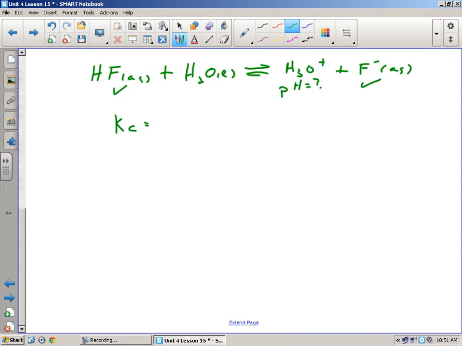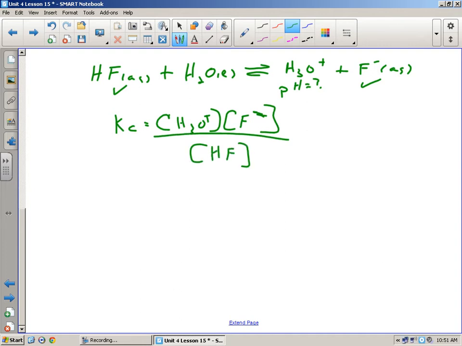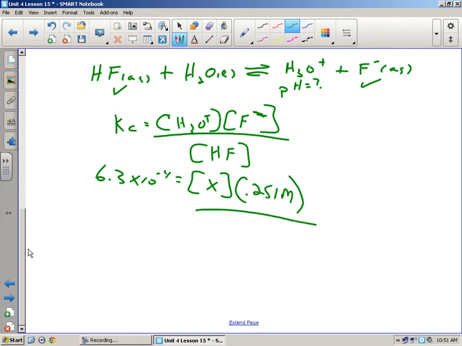Once again, Ka is H3O plus, which I don't know, times F minus, over HF. Ka for this one is 6.3 times 10 to the negative 4. F minus is 0.251 molar, and of course HF is 0.238 molar.